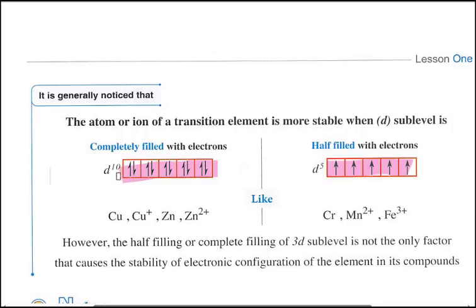Half filled, like chromium 4s1 3d5, manganese argon 4s2 3d5, or manganese positive 2 with 3d5 only, and ferric or iron positive 3, which has 26 electrons, losing 3 electrons, 2 from 4s and 1 from 3d6, so it converts into 3d5. Completely filled, like copper 4s1 3d10, or copper positive 1 4s0 and 3d10, or zinc 3d10, or zinc positive 2 4s0 and 3d10.